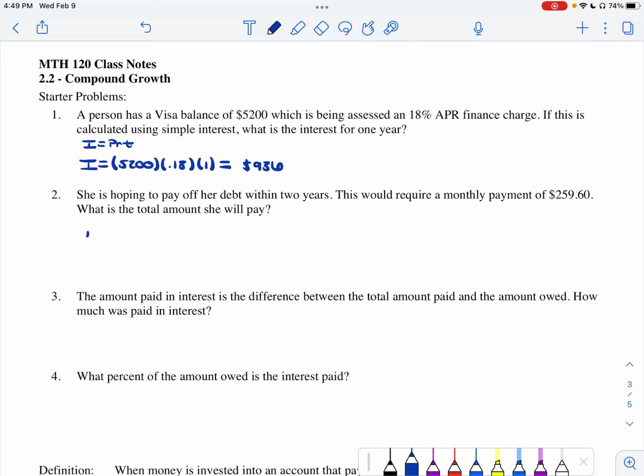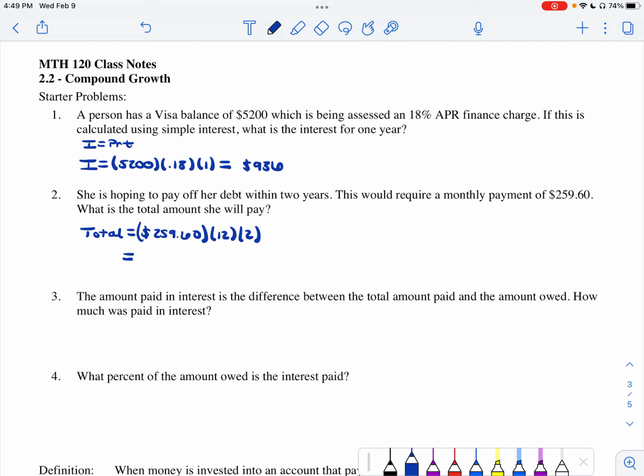Okay, well, if she's paying $259.60 per month, we know that there's 12 months in a year, and she's paying this for 2 years. So multiply her monthly payment, times the number of months in a year, times the number of years that it's going to take her to pay it back.